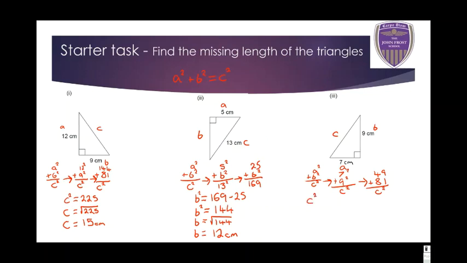So c squared is equal to 49 plus 81. That would give you 130. Therefore, c is equal to the square root of 130.